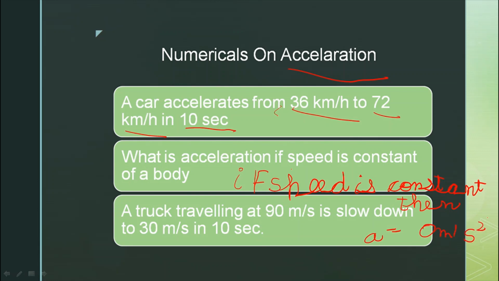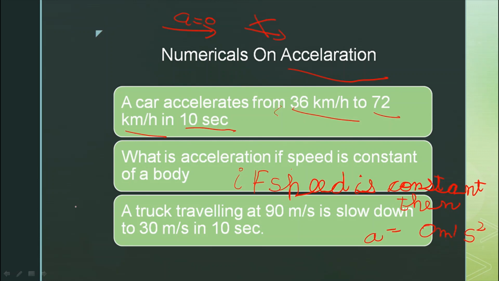This is very important point. You can understand it by this. If there is no increase in speed, then acceleration will be 0, as acceleration causes an increase in speed or velocity. So if there is a constant speed going on, then acceleration will be 0.